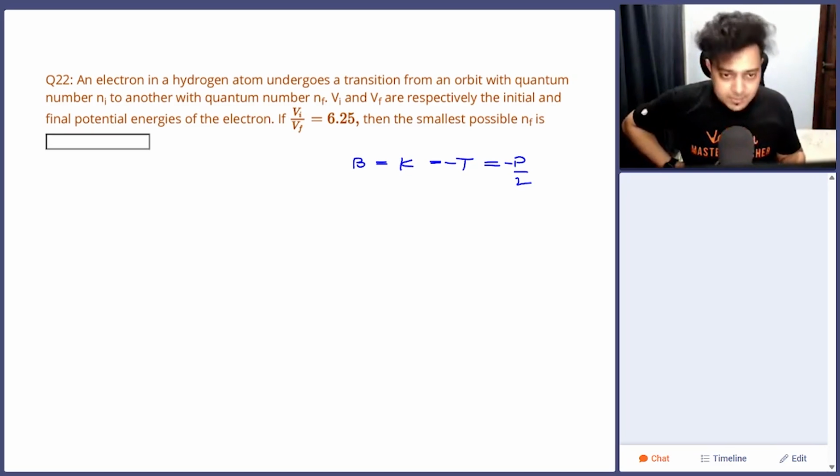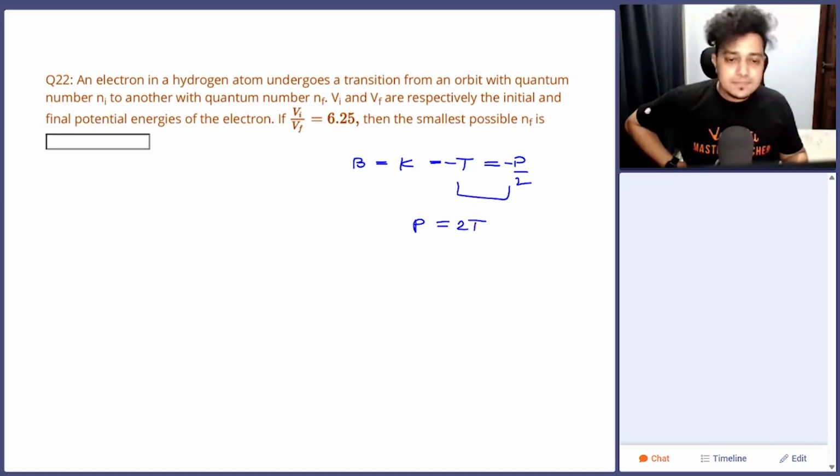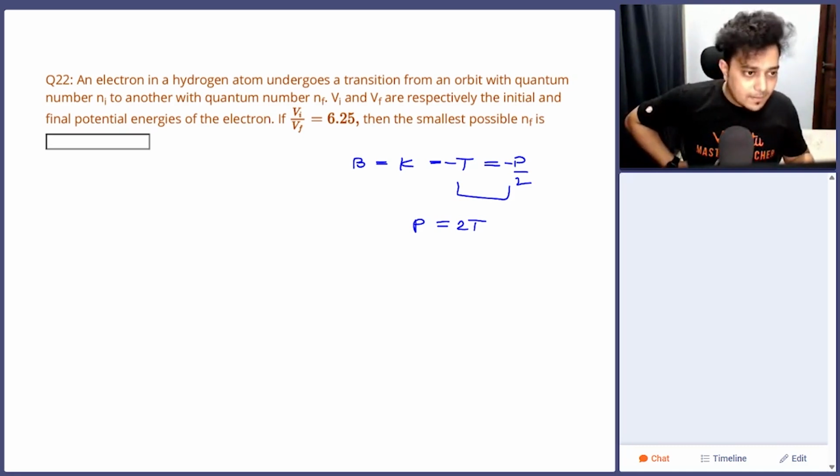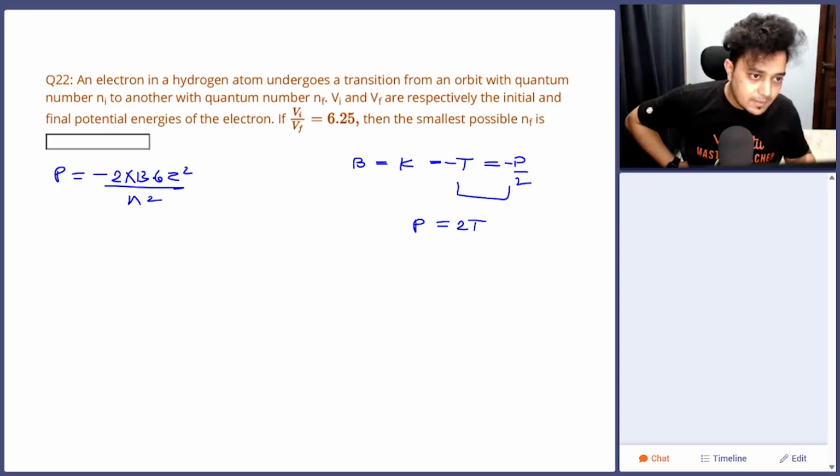If you just rearrange, potential energy is twice of total energy. So minus 13.6 z square by n square, so potential energy will be minus 2 into 13.6 z square by n square. We're solving for hydrogen now, so z value will be 1. So this is your formula for potential energy in nth orbit.